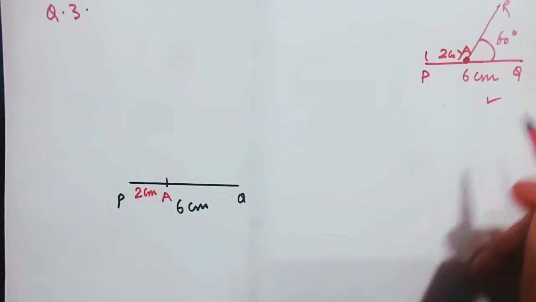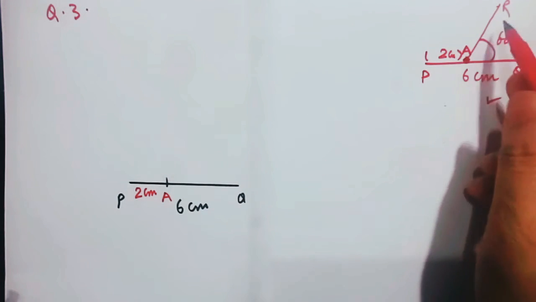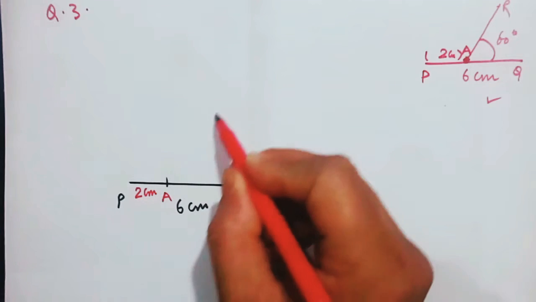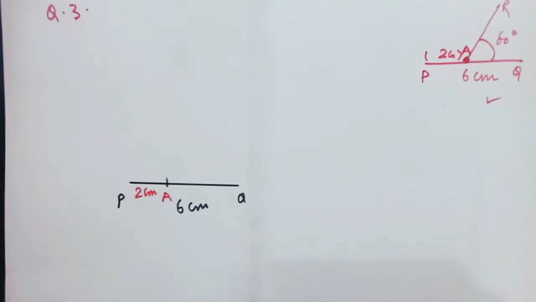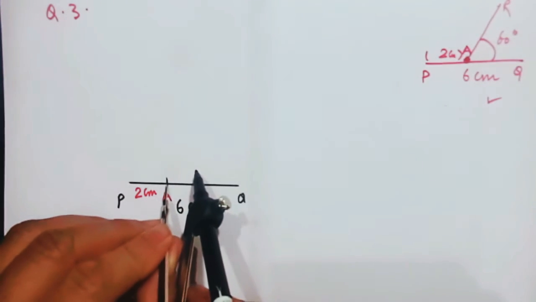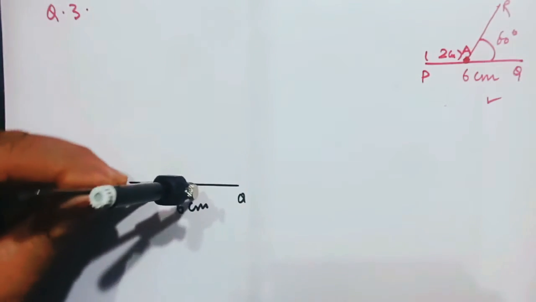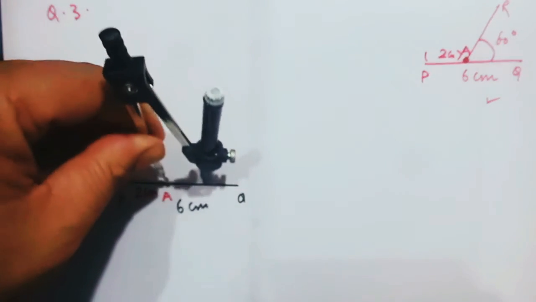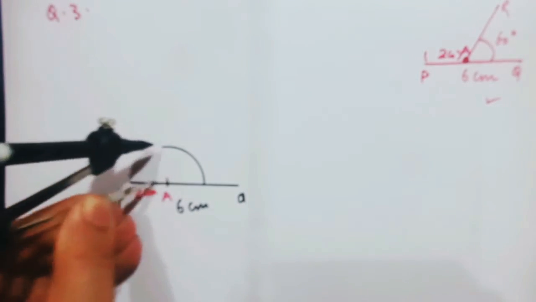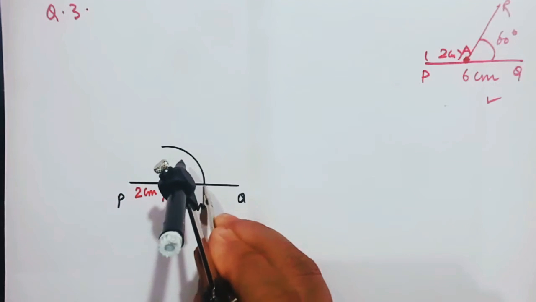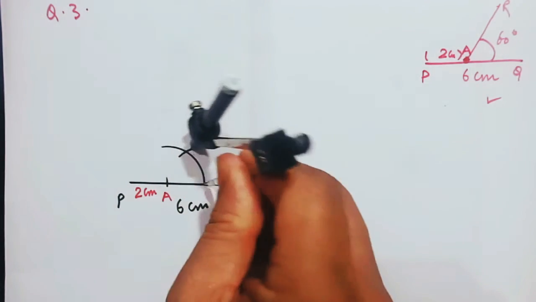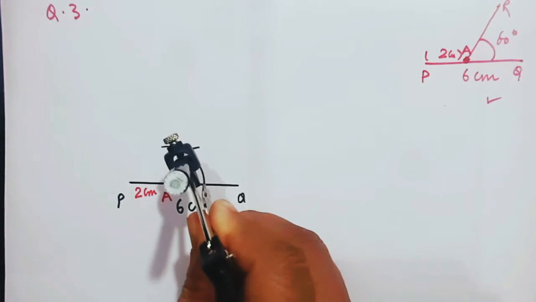Now they are asking us to draw QAR equal to 60 degree. Therefore, at point A I need to construct an arc, and as I said, the first segment is equal to 60 degree.